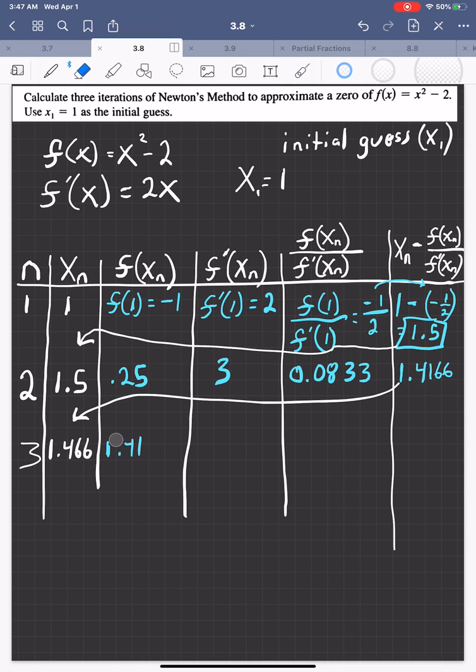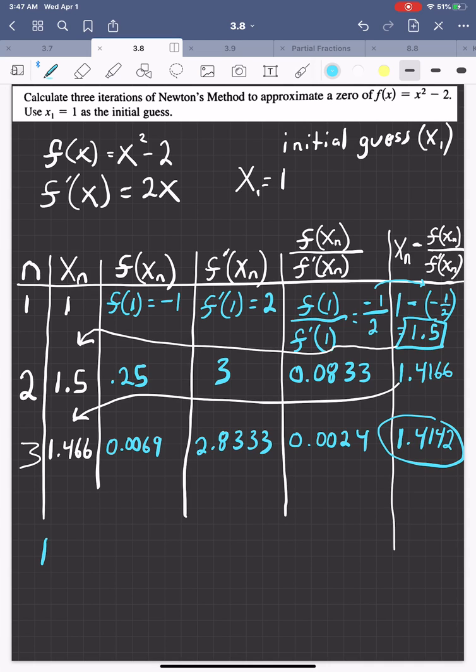It's very hard for me to read my handwriting at this point. I think it's 0.0069. Then 2.8333. Then 0.0024 and 1.4142.